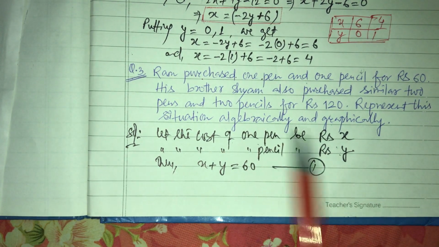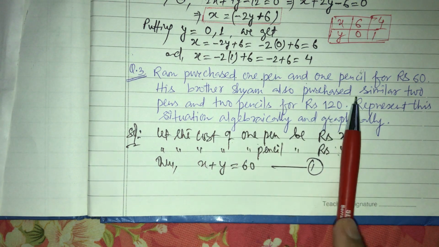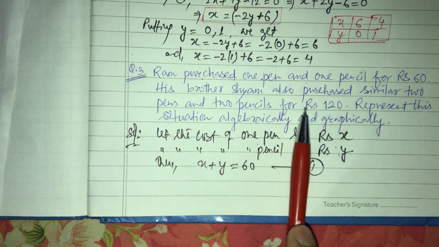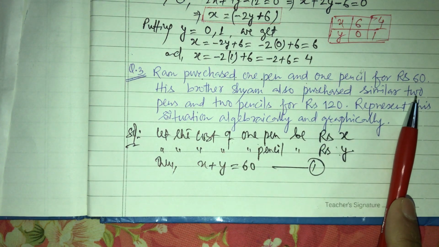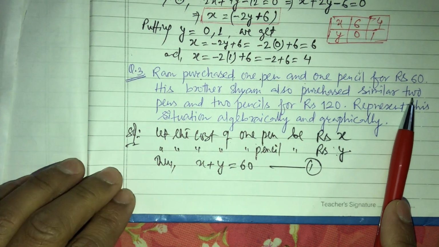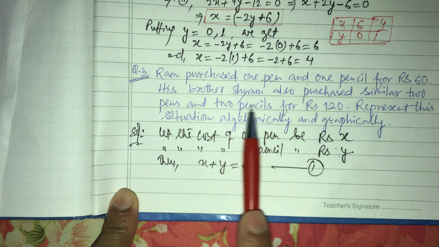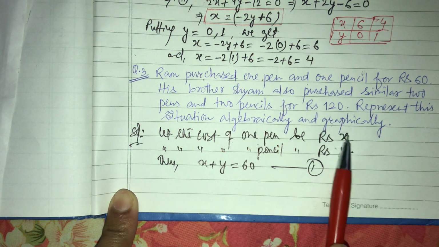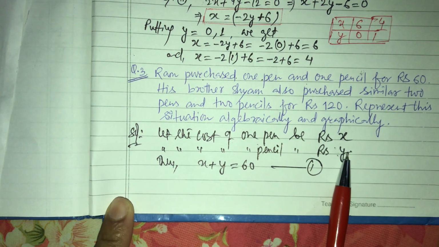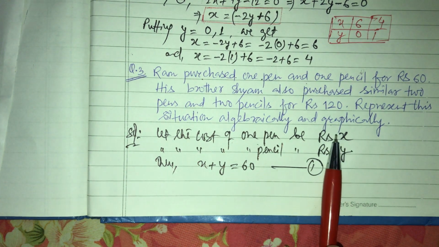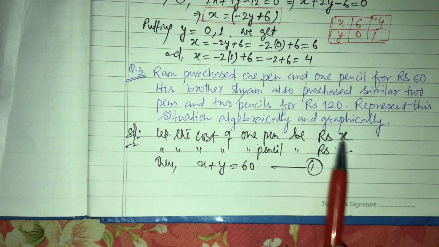The second equation. His brother Syam also purchased similar 2 pens and 2 pencils for rupees 120. Now this time the quantities increased by 2 times. 2 pens and 2 pencils, right? x and y were the cost of 1 pen and 1 pencil. Now for 2, we need to multiply by 2 on both x and y.